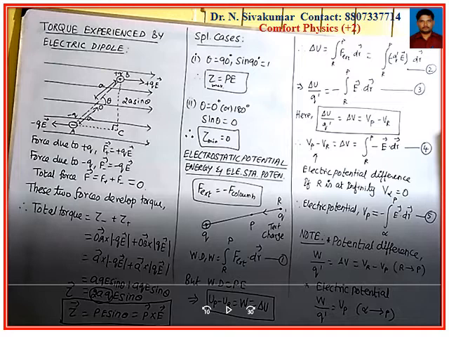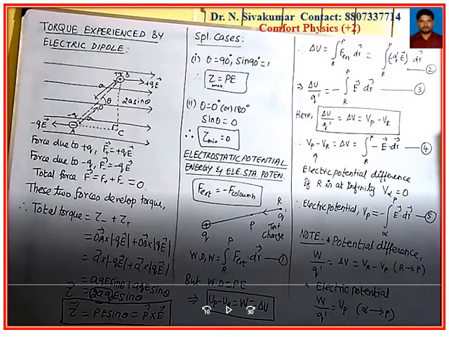Then the next topic is electrostatic potential energy and electrostatic potential. Here, what is electrostatic potential and what is potential difference? There is a difference. I will tell you what potential difference is.